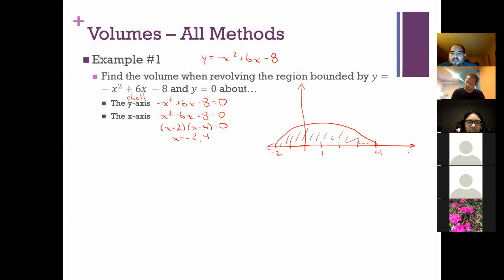What about if I'm going around the x-axis? Would the shell method be worthwhile to look at there?